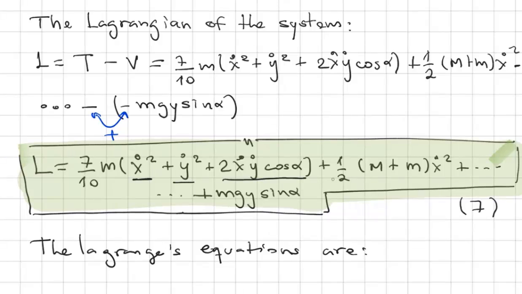The derivative of this term, (m plus n) x dot squared, is going to be 0. And the derivative of mg y sine of alpha is going to be 0 of this whole term, because we are differentiating with respect to y dot.